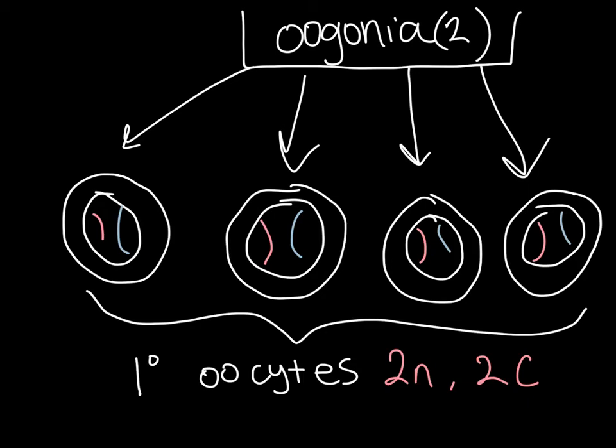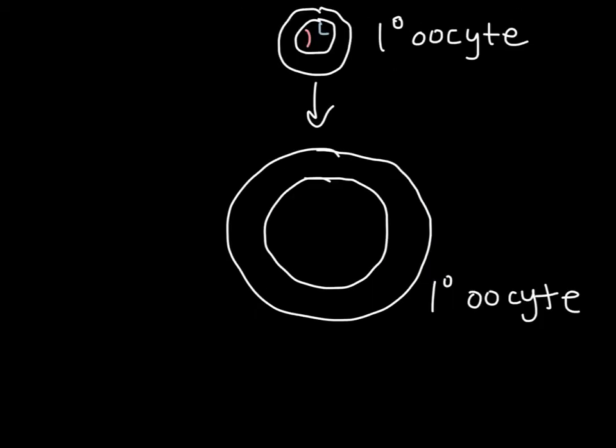Now, what's going to happen next is meiosis. So these primary oocytes, and I'm just going to represent it with 1 right now. So if we look at a primary oocyte, the next step is meiosis.